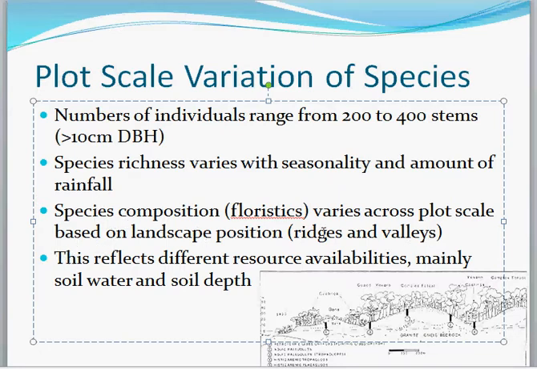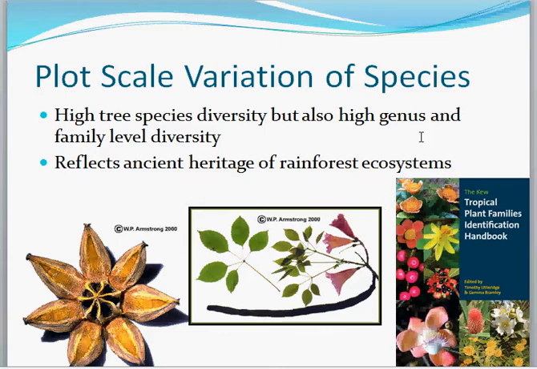So we tend to have high species diversity in tropical rainforests, but we would also have high genus and family level diversity. So in a tropical rainforest at a plot scale, we would tend to find, say, maybe 40 or 50 or so species in Trinidad. But the number of genera and families which those species are spread between is also very high.